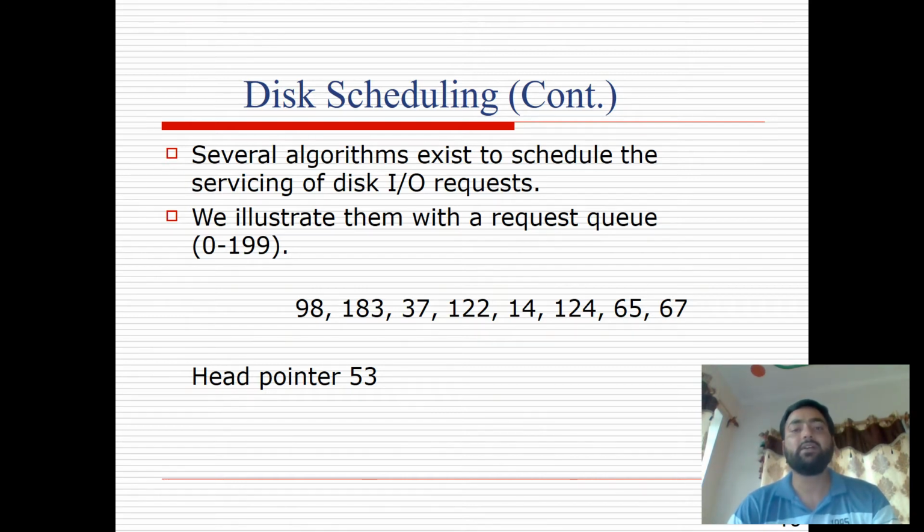This is the read request queue that is given to be read by the operating system in our example. First of all, the head pointer will be at location 53. That means the read write head's current location is 53. So let's proceed.